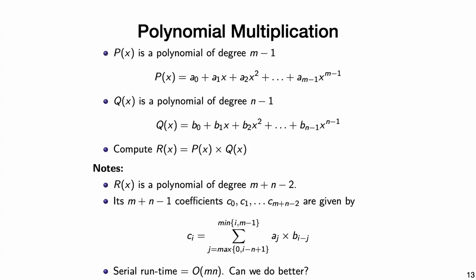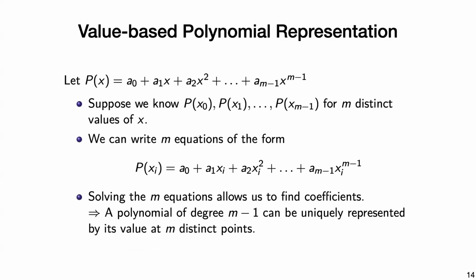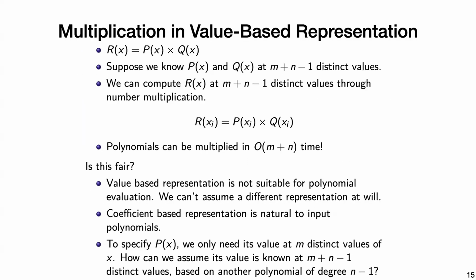And the earlier thing was that the output degree of p and q is m plus n minus 2, so you need one more point than that to identify r. So suppose that we have p and q at m plus n minus 1 distinct values, which is how many points we need to uniquely identify r.